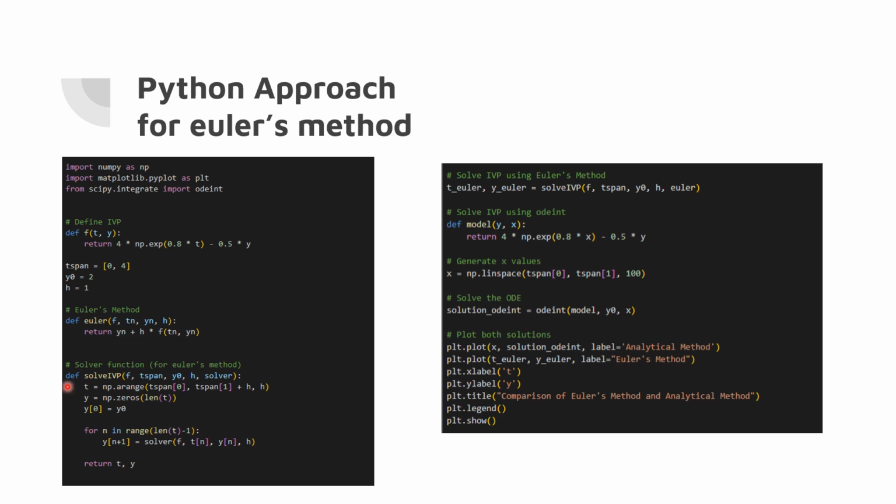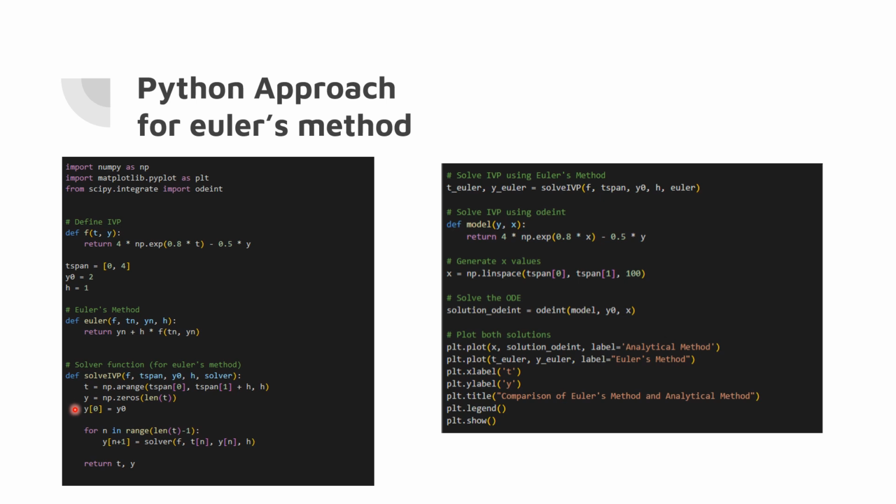Then, to actually solve the initial value problem using Euler's method, we have another function called solve IVP, where it creates an array of our increasing t values from 0 to 4 with a step size of 1, and it also creates an array of y values where the first value in the array is our initial condition and the rest of the values are 0.